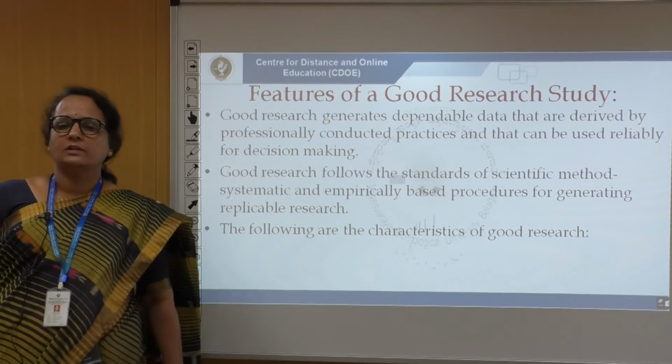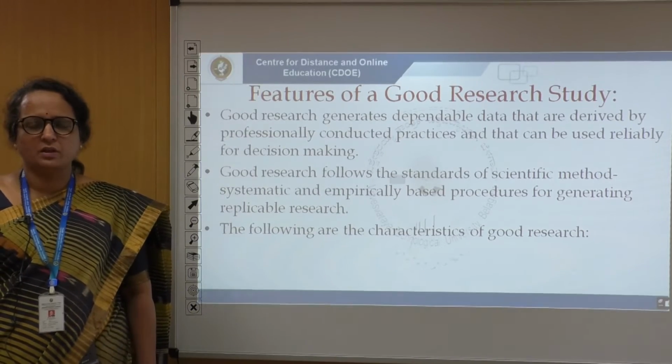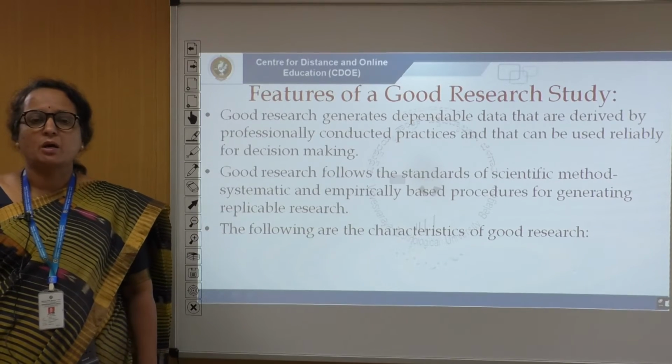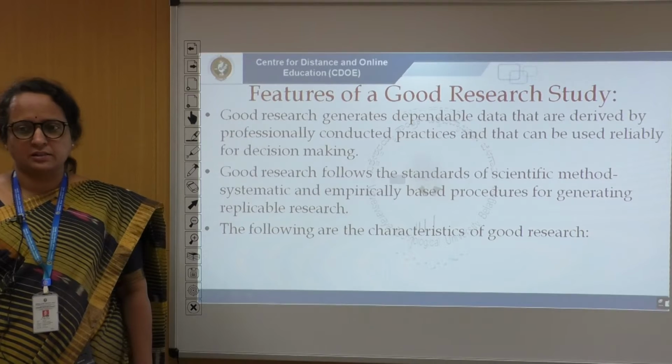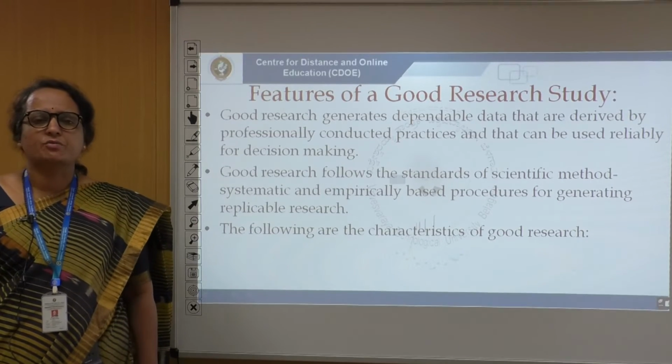It is said that a good research always generates dependable data. Dependable data means the data which is derived by professionally conducted practices and which can be used reliably for effective decision making.